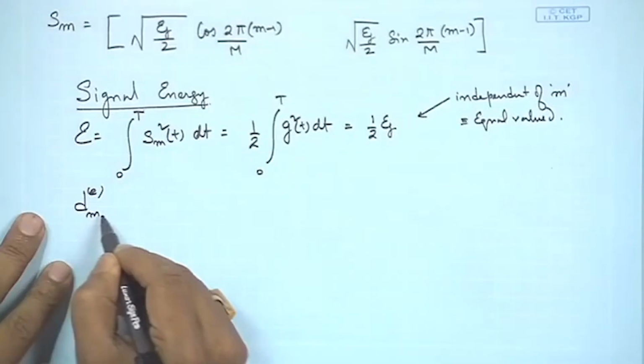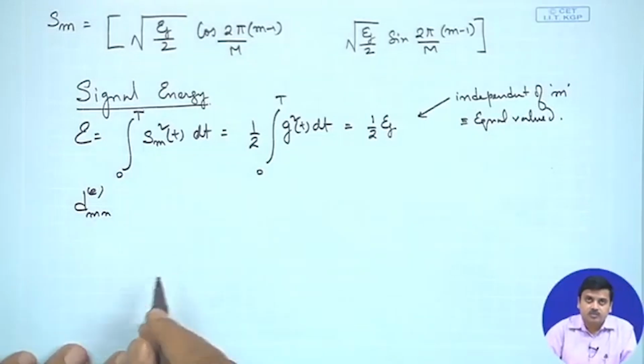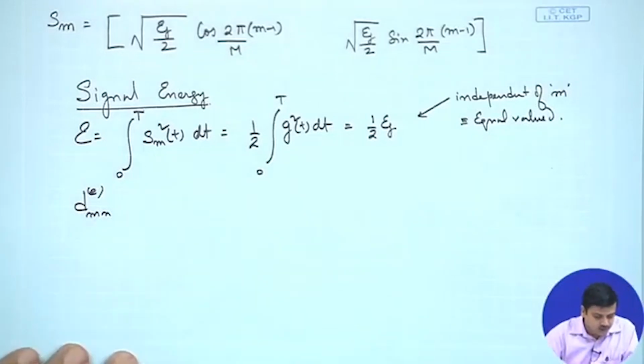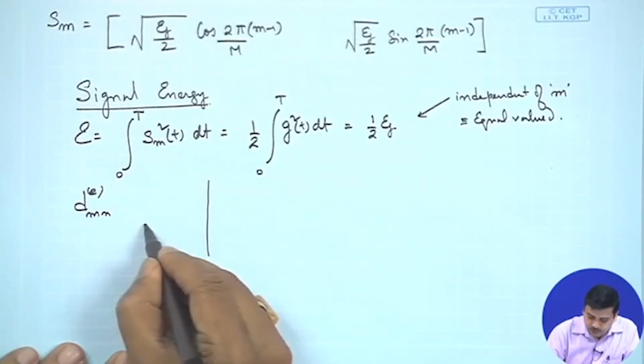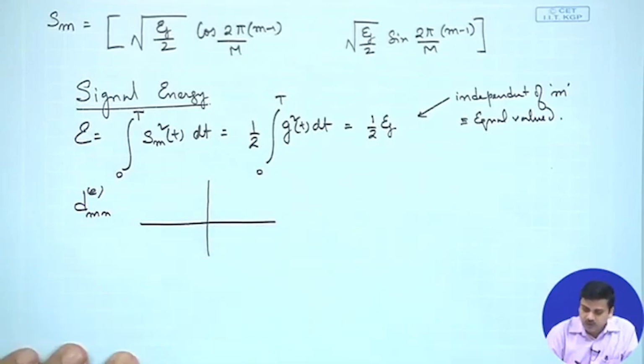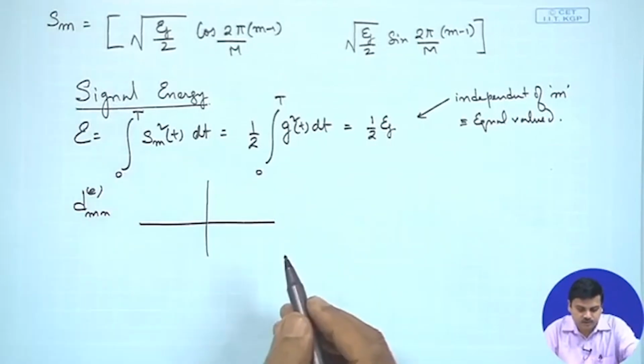The next important calculation which we should make is the Euclidean distance between 2 points. Before we do this calculation, we can have a look at the signal space diagram. If we choose M equals 2, we have already done the calculations before.